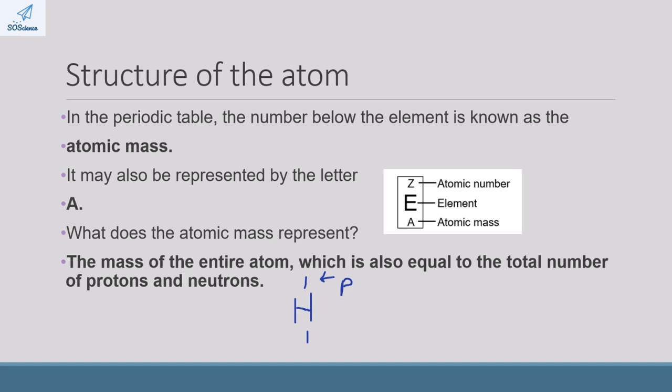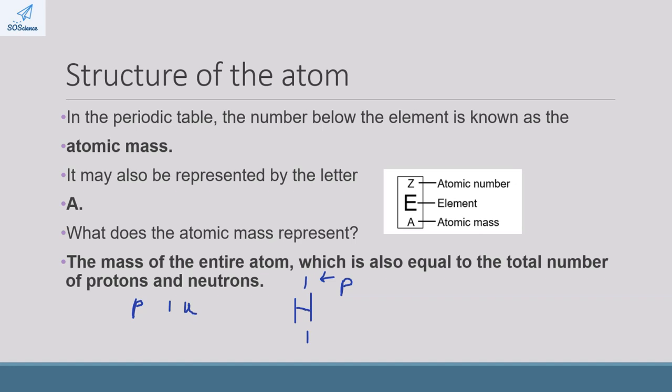Now, the mass of the entire hydrogen atom is 1 unit, and we know that a proton has a mass of 1 unit. That's a relative atomic mass of a proton. So that means that the mass of the hydrogen comes from that 1 proton. That also means that there are no neutrons in this hydrogen atom.